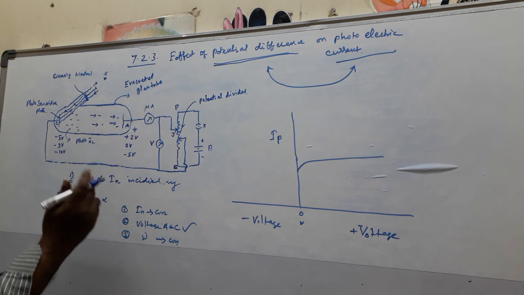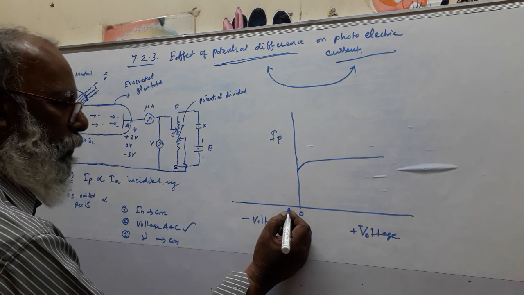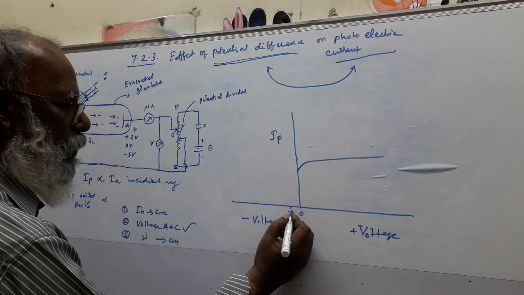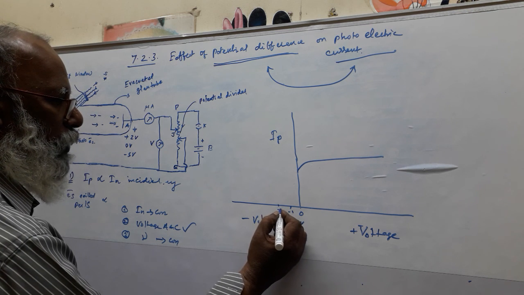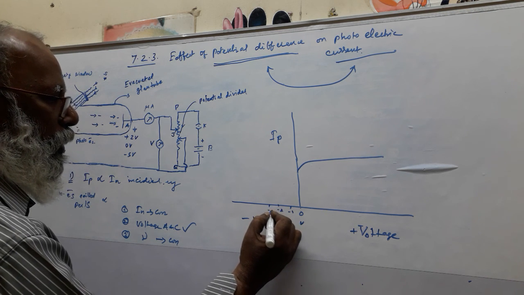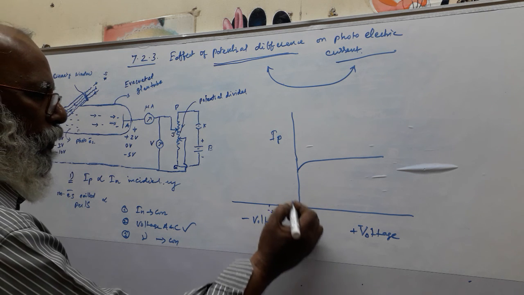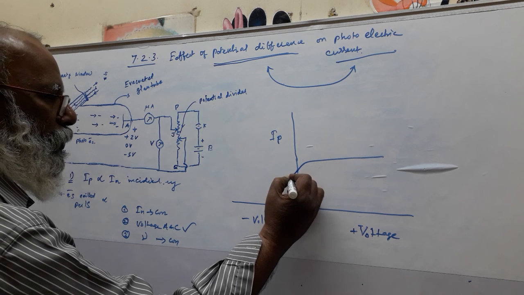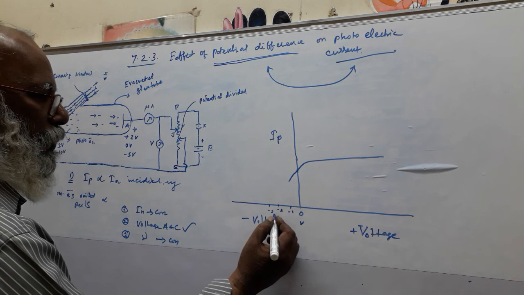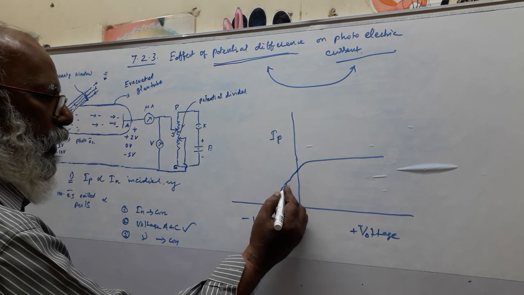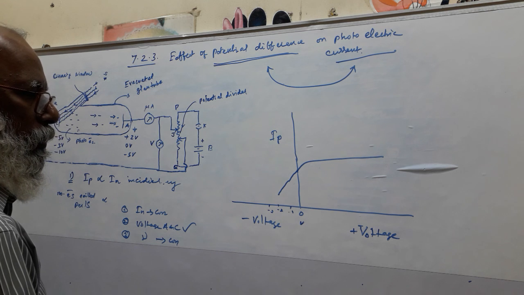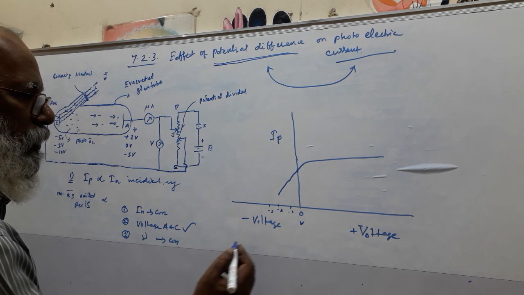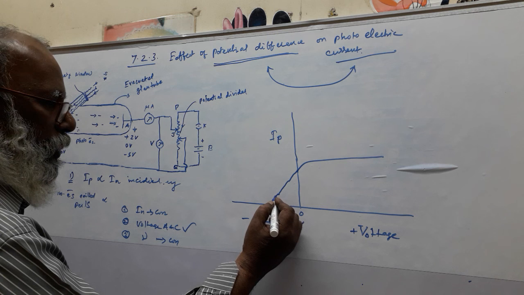Now, if you keep making the voltage more negative, suppose minus 1, minus 2, minus 3, then the current reduces. At minus 1 volt the current is reduced. At minus 2 it is reduced again. At minus 3 it is reduced again.